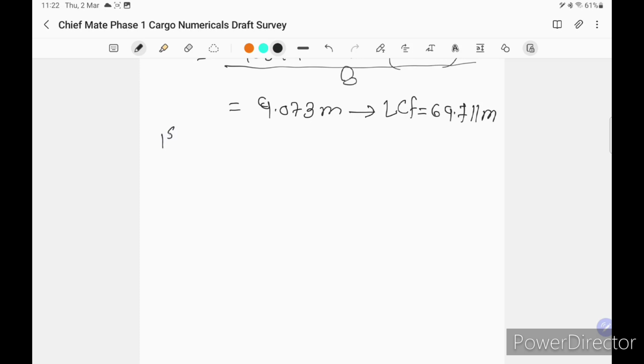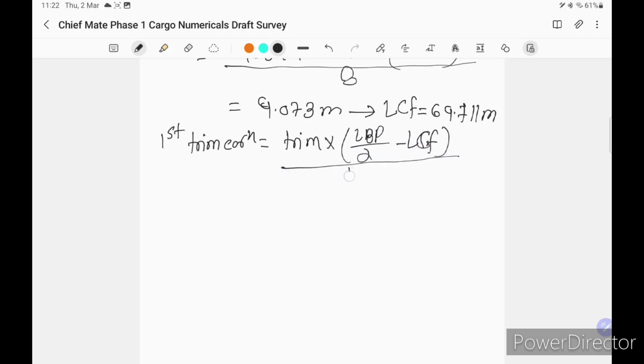Now we will apply the first trim correction. The first trim correction is equal to trim into LBP divided by 2 minus LCF, divided by LBP.